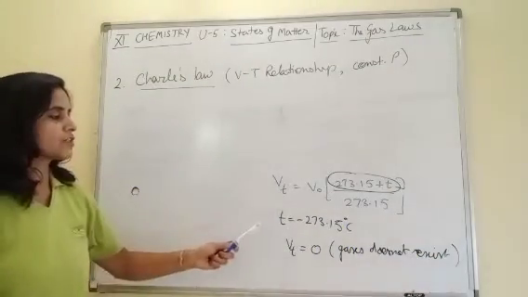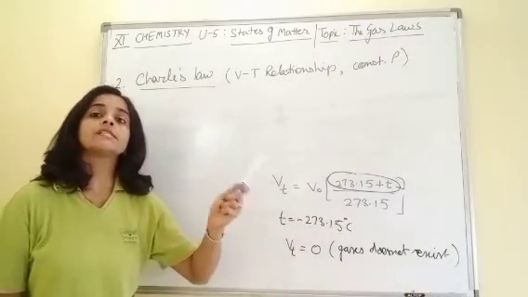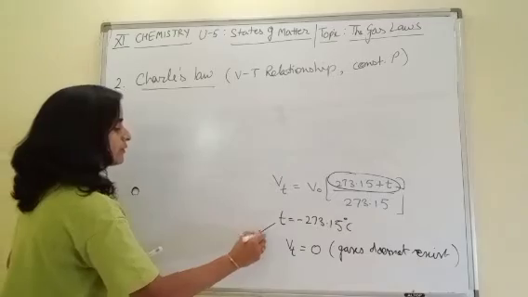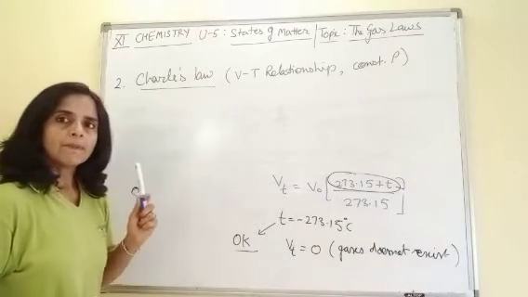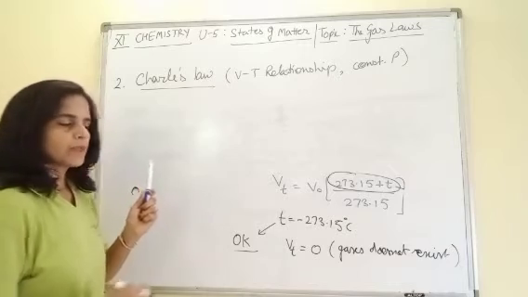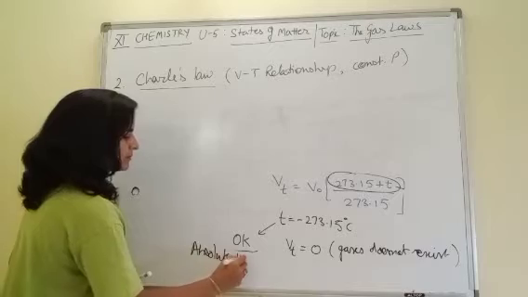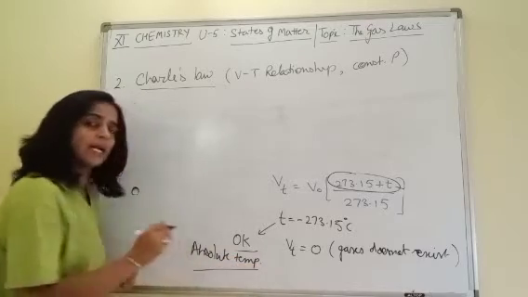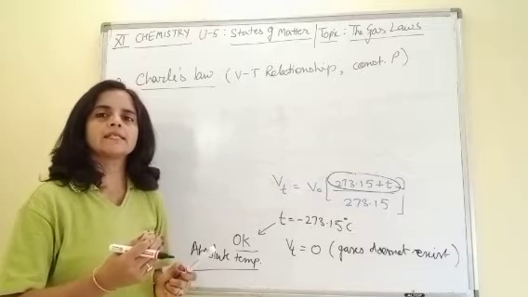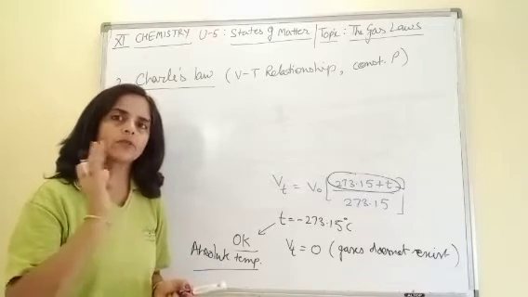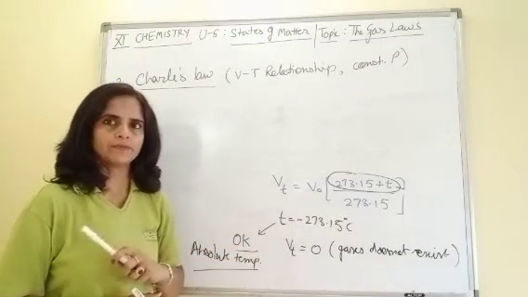So this temperature, minus 273.15 degrees Celsius or 0 Kelvin, is termed the absolute temperature. This absolute temperature is the hypothetical temperature before which all the gases are converted into liquid. That's why gases cannot exist at this temperature.